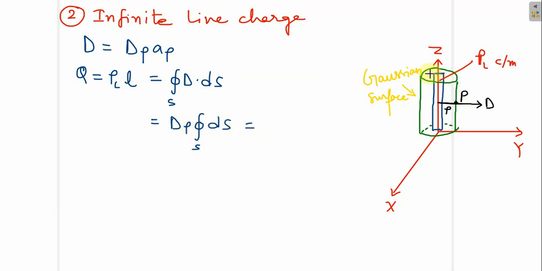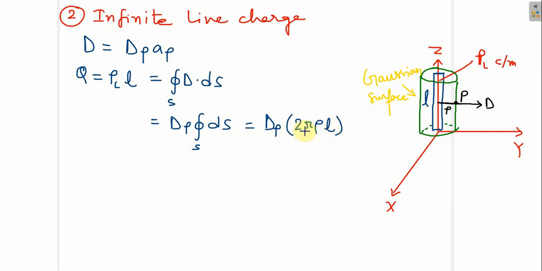So what is ds? Now ds is the curved surface area of the cylinder. And what is the formula for the curved surface area of the cylinder? This is 2 pi RH, we can say. So in this case we will write D rho and 2 pi, what is r? Radius is rho. And what is h? H is the length of this charge element.